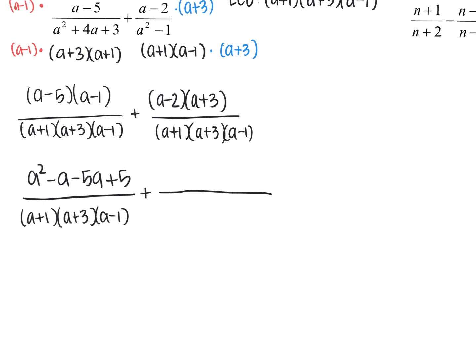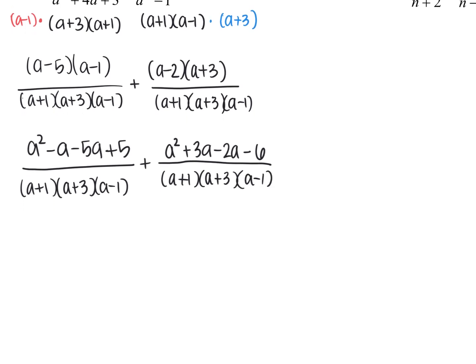And plus, and then for our second fraction, a times a is a squared, a times 3 is 3a, negative 2 times a is negative 2a, and then negative 2 times 3 is negative 6. And my denominator is still a plus 1, a plus 3, a minus 1.